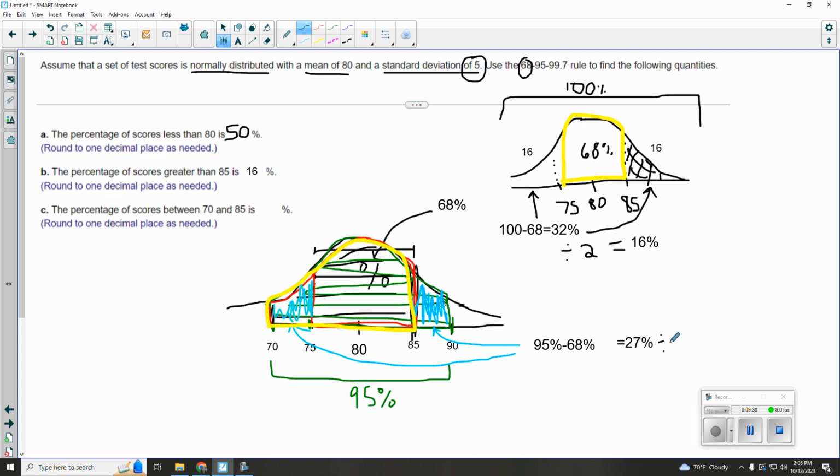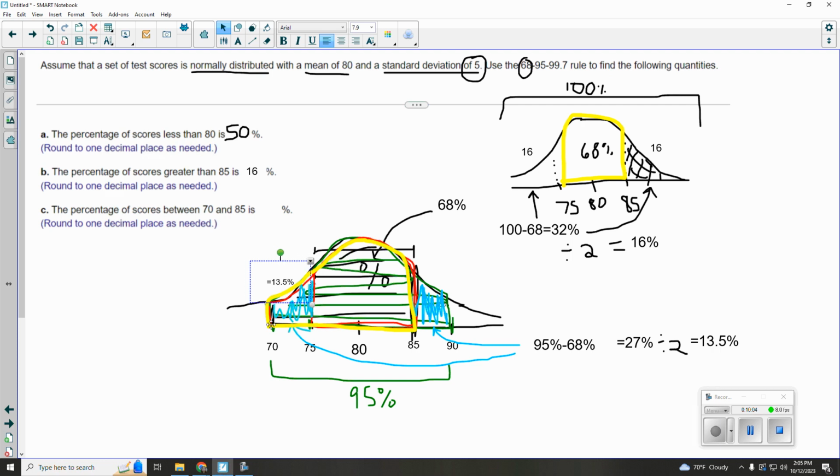So divide that by 2 and we get 13.5%. Okay, now this 13.5% is going to be this piece, right?